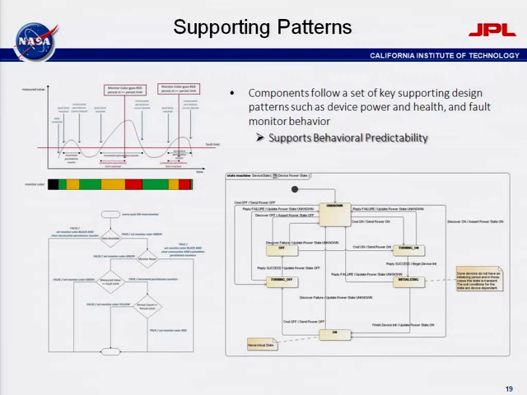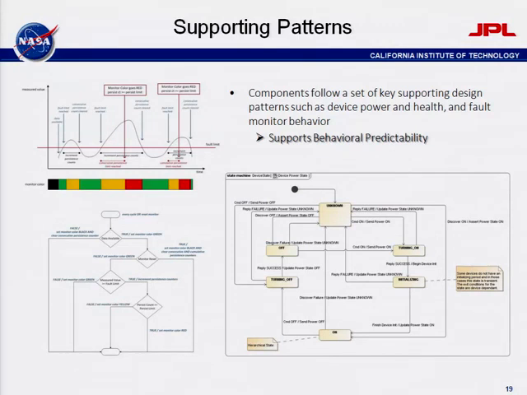Another feature of our architecture is that we have a very strong concept of supporting patterns. So components follow a set of key supporting design patterns such as device, power, and health states, and fault monitor behavior to support behavioral predictability.